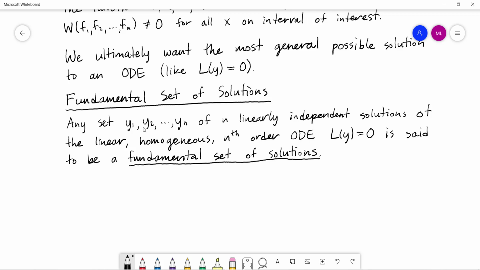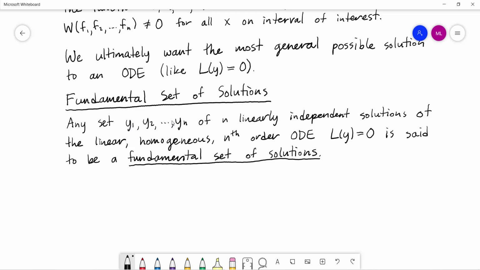Okay, so what is this telling us? It's telling us how many solutions we need to look for. If we've got an nth order differential equation, we should expect n linearly independent solutions. If we can find n linearly independent solutions, then we've got everything we need to create our full, most general solution. So for a second order differential equation, we should be able to find 2 linearly independent solutions that can be combined to form the most general solution. If it's a third order differential equation, we need to find 3 solutions.